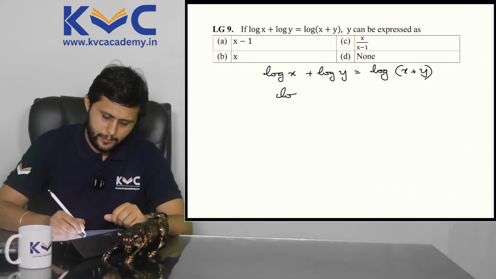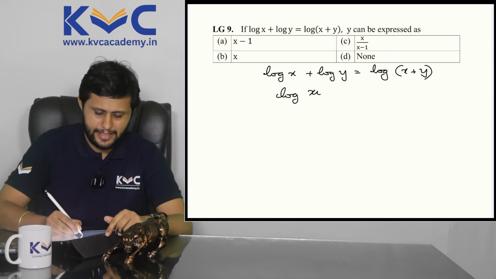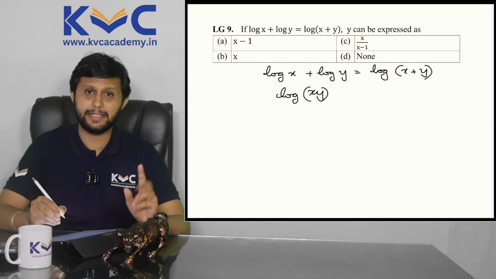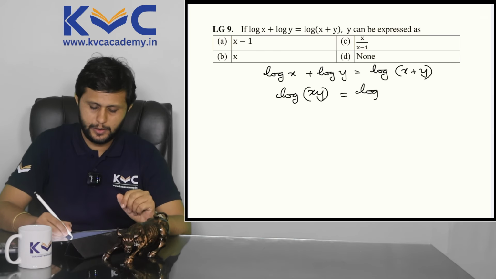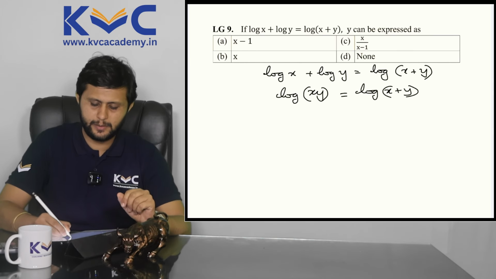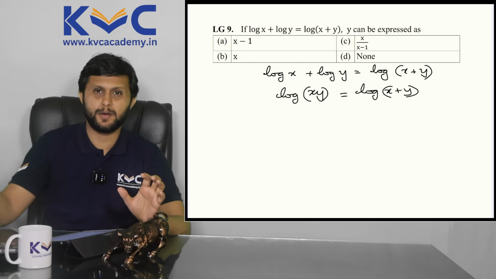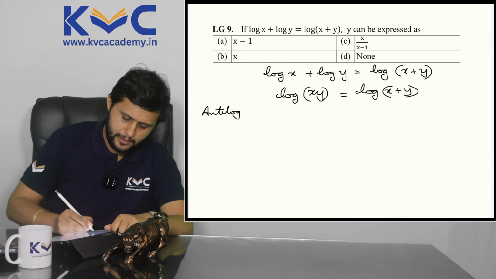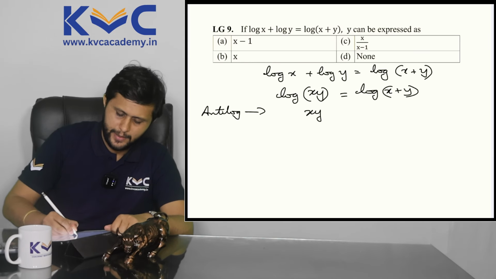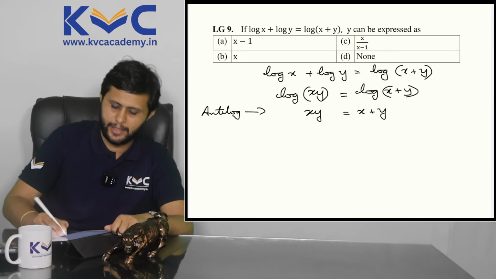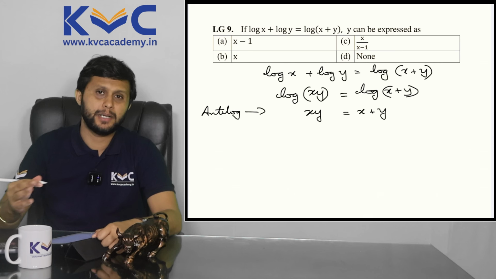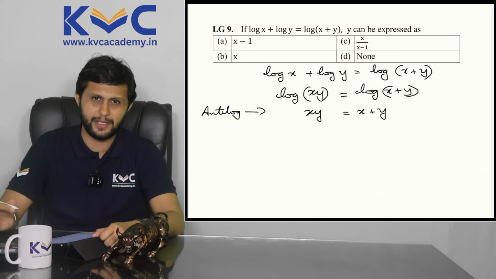So we have log x plus log y as log xy. Can I write this? Yes. Log m plus log n is log mn, equal to log of x plus y. Now if you see, we have log of something, log of something. Take anti-log on both sides. We have xy equal to x plus y. From here it has got nothing to do with logarithm. We are back to solving algebraic equations.